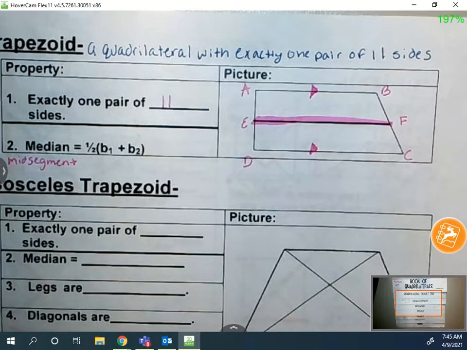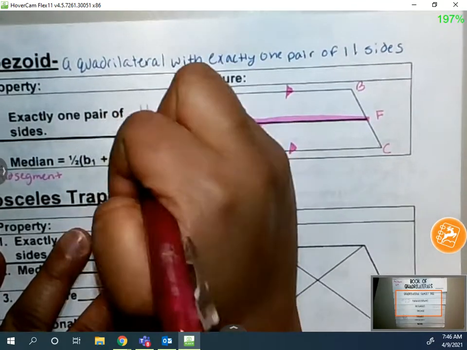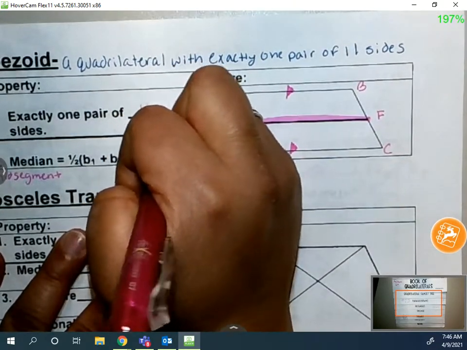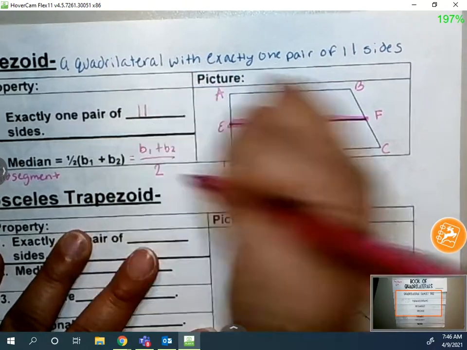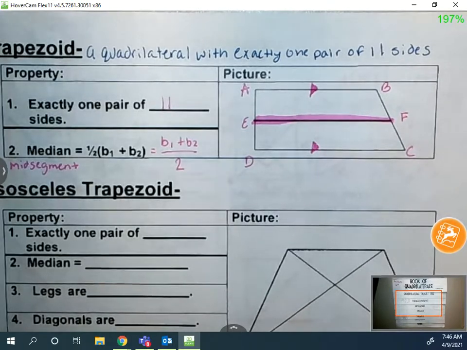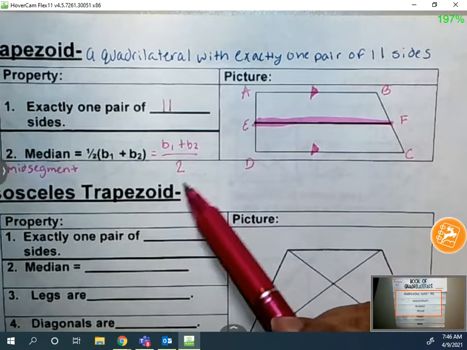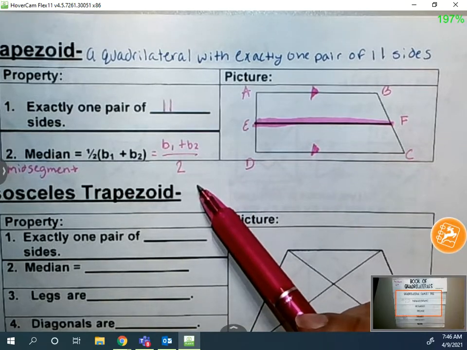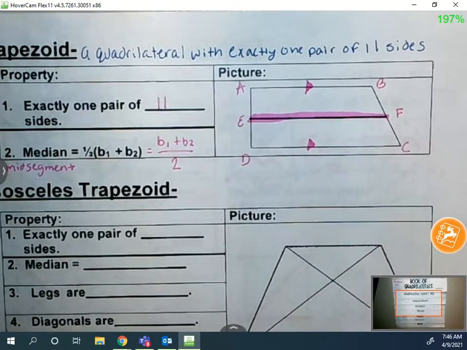The formula tells you that the median is 1/2 (base 1 plus base 2). So we can rewrite this as base 1 plus base 2 divided by 2. That's always going to be the formula to find the mid-segment. Is anyone confused by that?